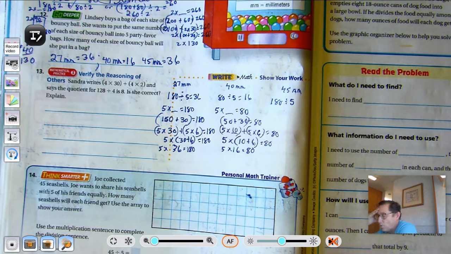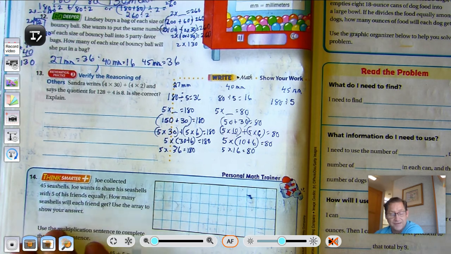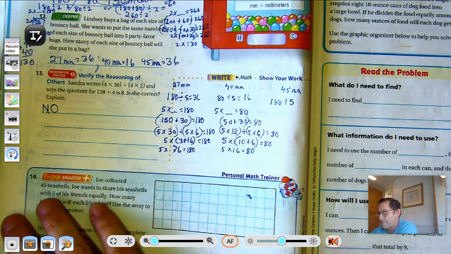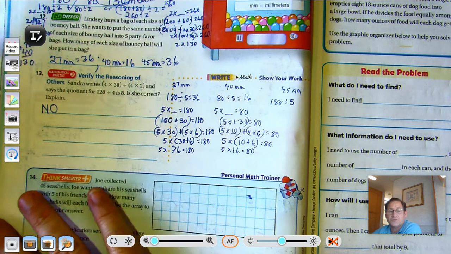13. Sandra writes 4 times 30 plus 4 times 2 and says the quotient for 128 divided by 4 is 8. Is she correct? And explain. No. How do I know she's wrong?